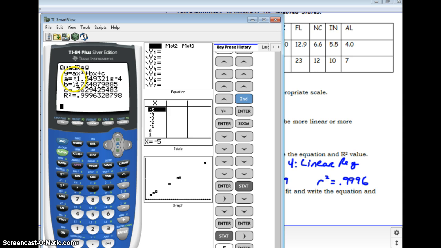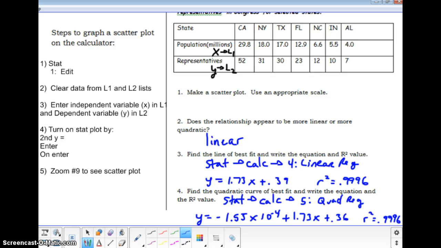Notice that in A, our value is negative 1.55 times 10 to the negative 4. If you ever see the E in your value here, that's representing scientific notation. So I'm going to pause the video and write that down. Our r-squared, notice it's the same. So I'm going to write that down and then bring you back to talk about it. Okay.